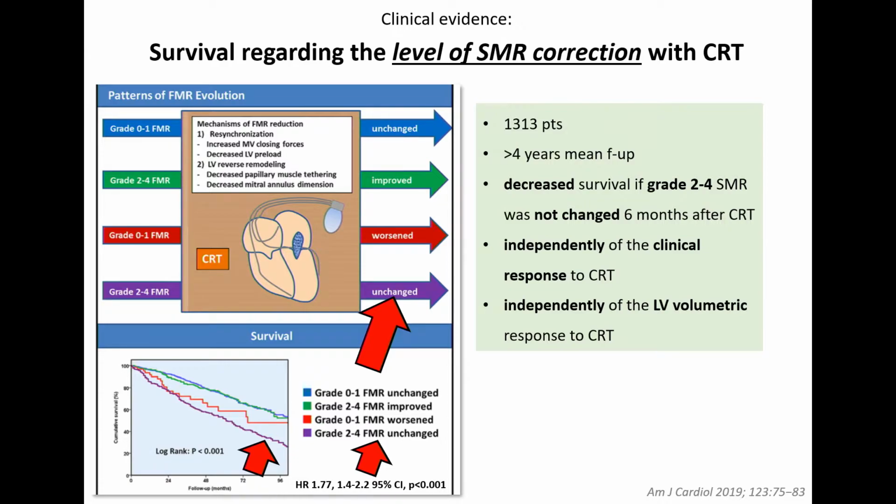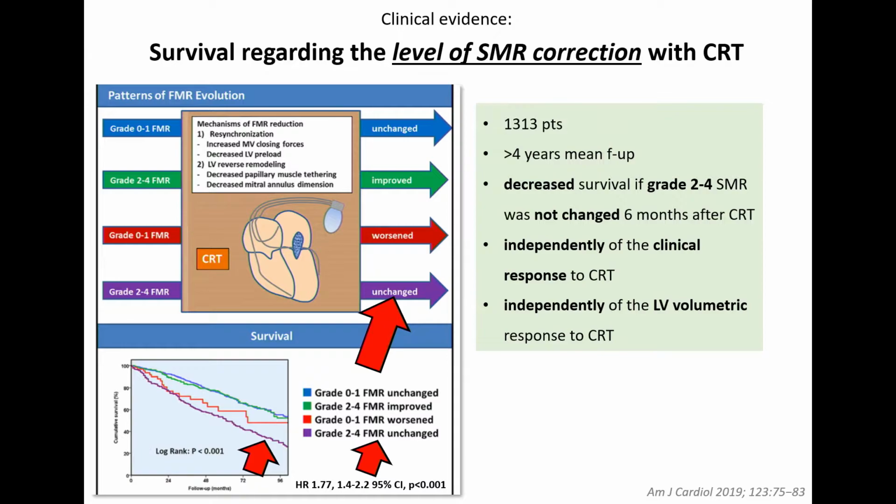Ova studija nije jedina koja pokazuje povećano preživljavanje u slučaju da CRT smanji sekundarnu mitralnu regurgitaciju, ali to je set tih studija koje kvalitativno određuju efekat CRT-a, u smislu povećano ili nije povećano preživljavanje.